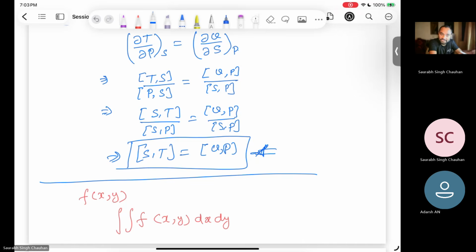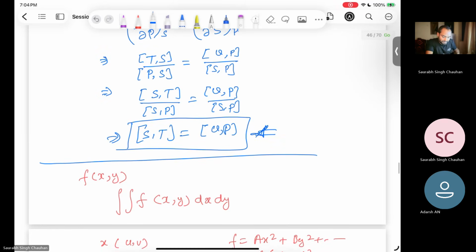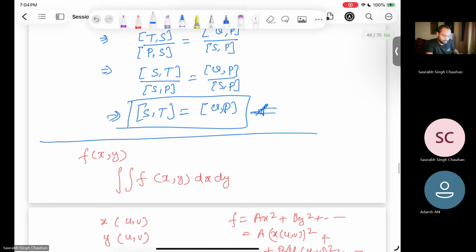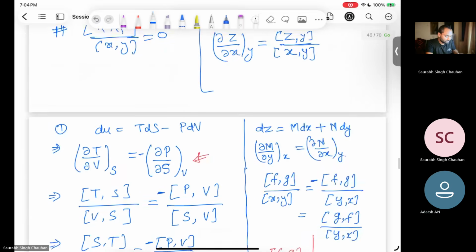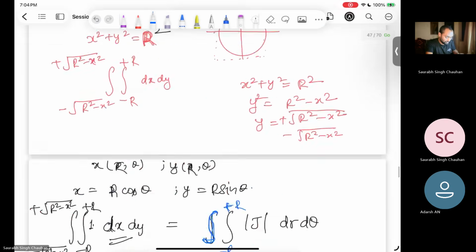So that's why this Jacobian comes into the picture. That's what we are doing in this particular topic, relations among the properties. We are changing the properties and basically transforming the coordinates. Anyways, so what was our objective?